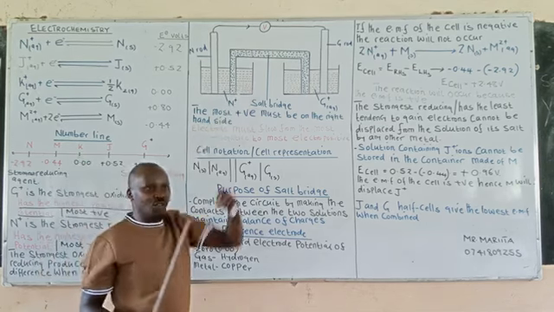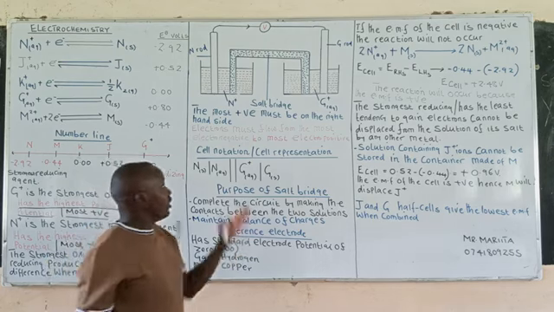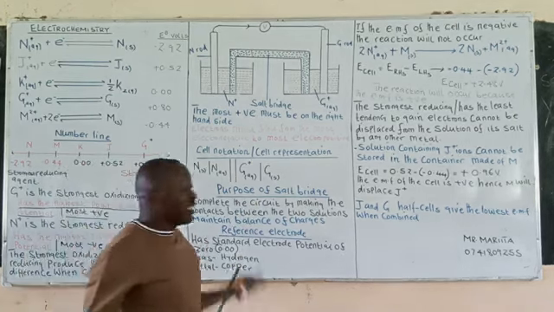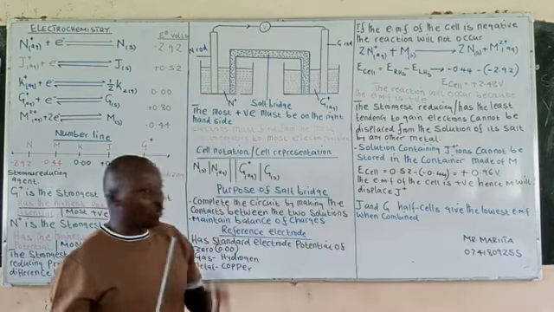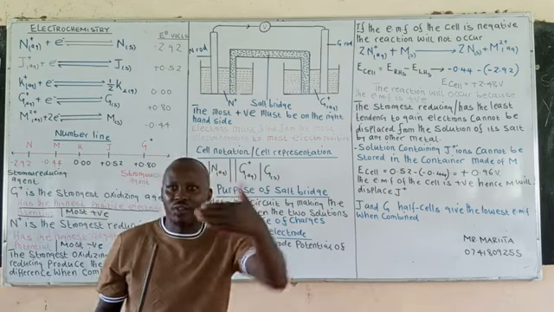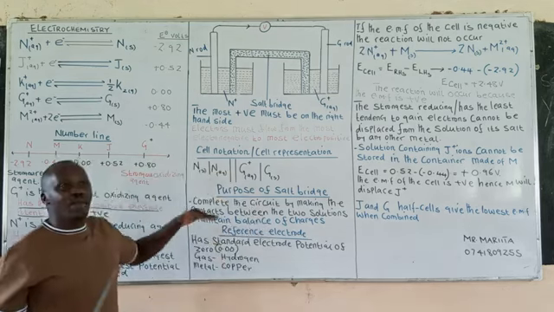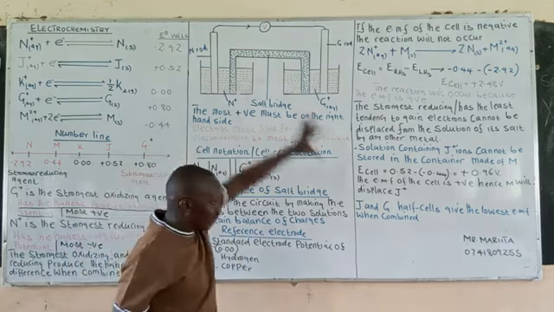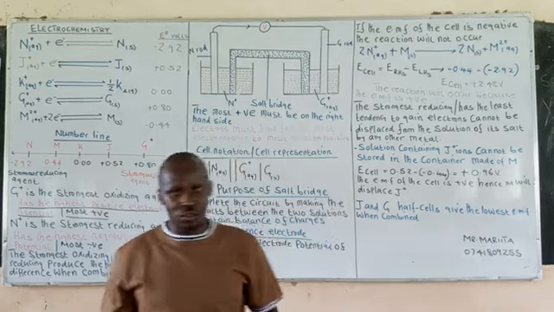And then you must indicate the salt bridge. What is in that case the purpose of the salt bridge? The salt bridge completes the circuit by making contact between the two solutions. You can just say it is connecting the two half cells. Another purpose of a salt bridge is to maintain the balance of charges. So when drawing an electrochemical cell, you must indicate a salt bridge for you to score.